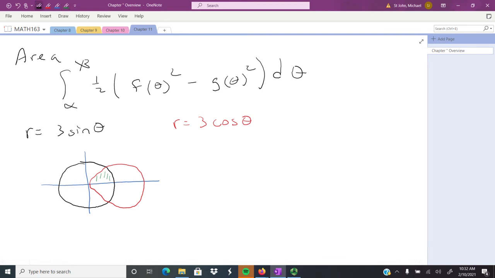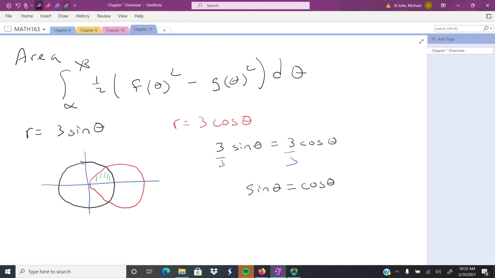To do that, we have 3 sine theta equals 3 cosine theta. We can divide everything by 3, so sine theta is going to equal cosine theta.